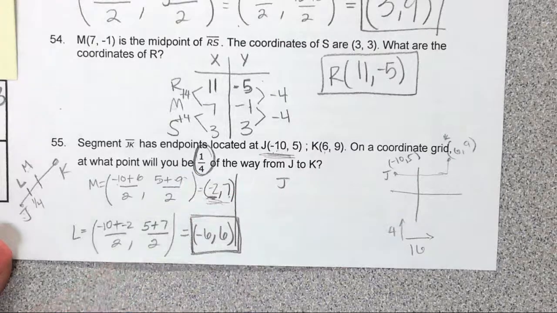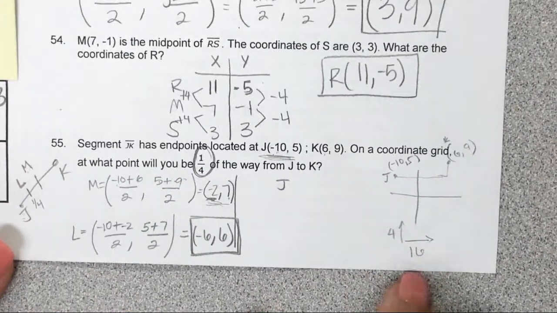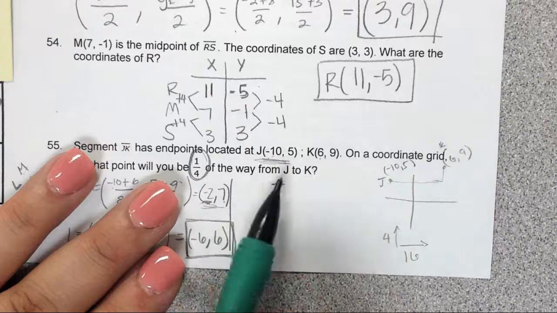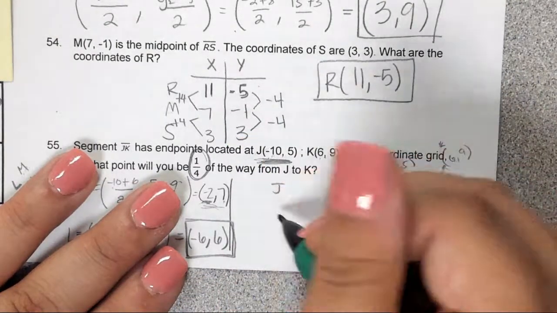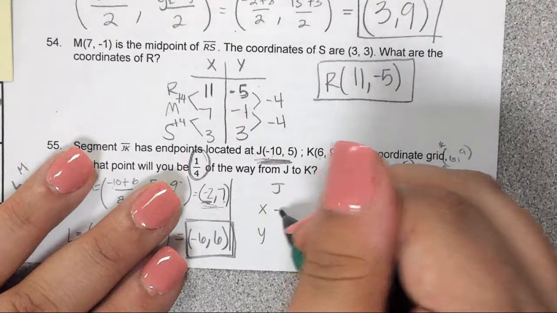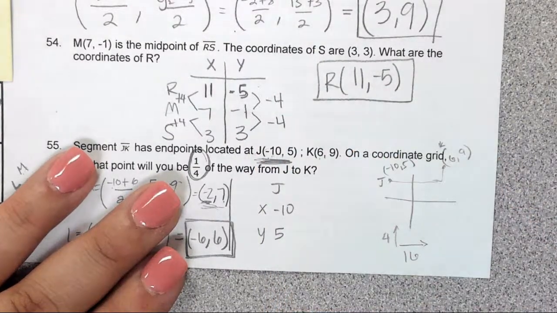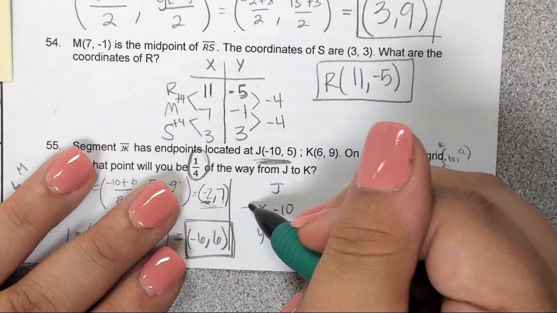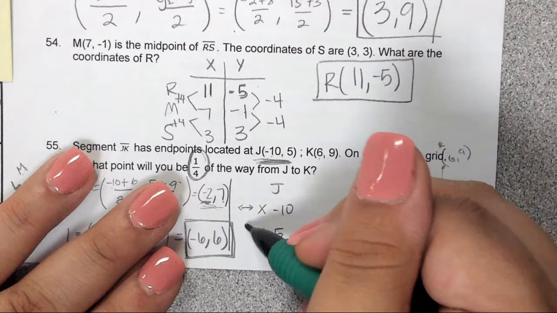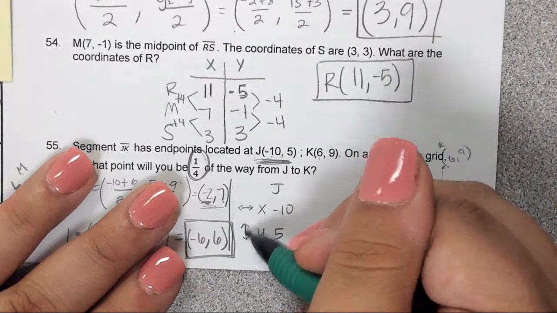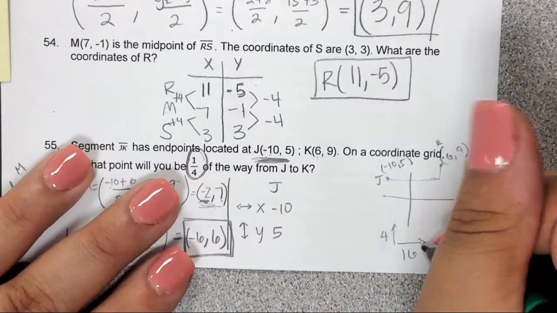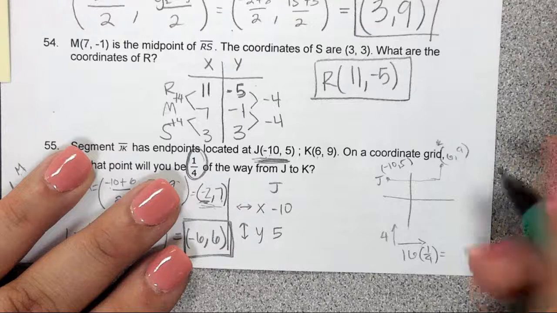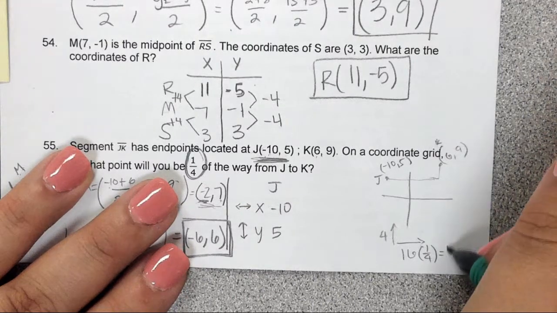Now I want 1/4 of the way, so what am I going to do to these numbers? Multiply. Now, before we do that, do you agree J is where I'm starting? And do you agree my X is negative 10 and my Y is 5? Do you agree X is left and right and Y is up and down? Okay. So for my X, if it's 16, what's 1/4 of 16? 4.